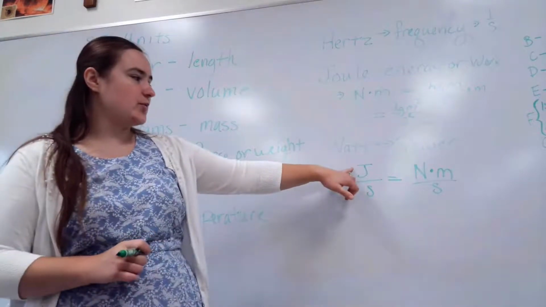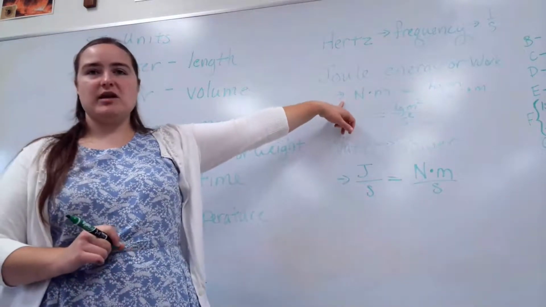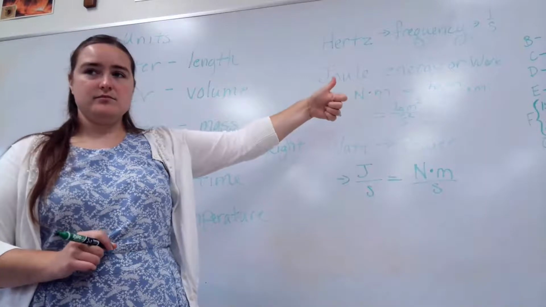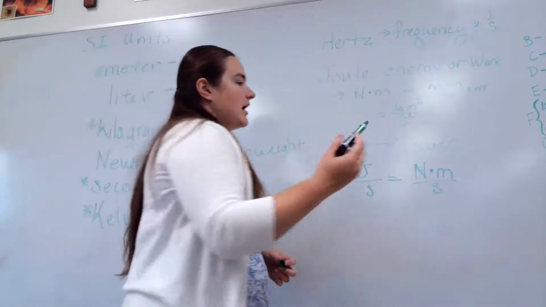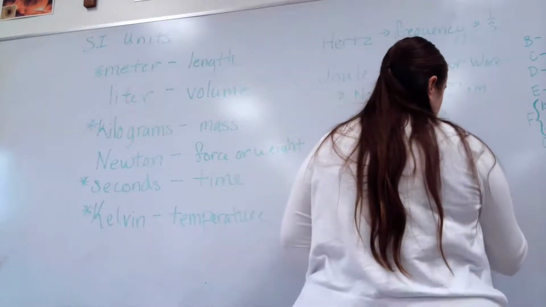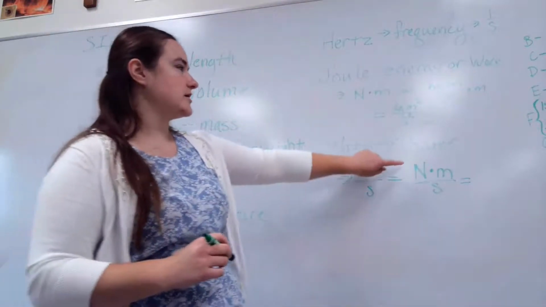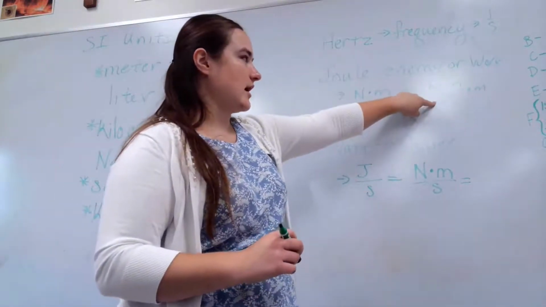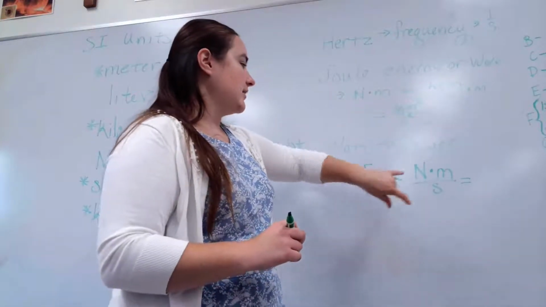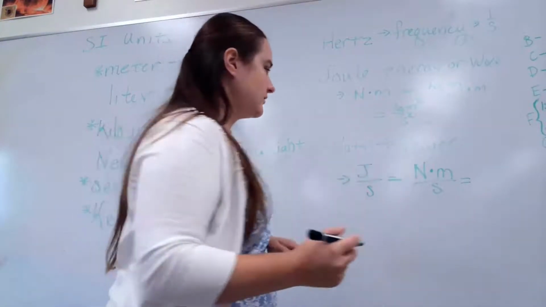So all we did was replace joules with newtons times meters. Or we could simplify this even further down to our actual base units. We're going to put kilograms times meters over seconds squared in for newtons times meters.